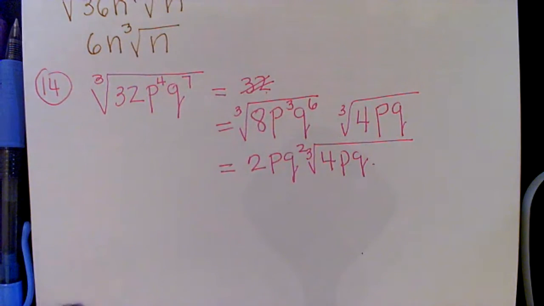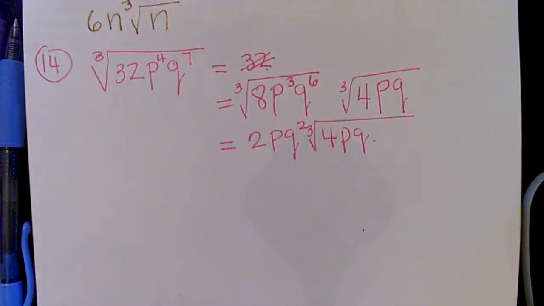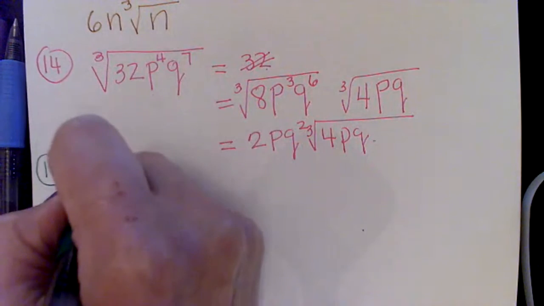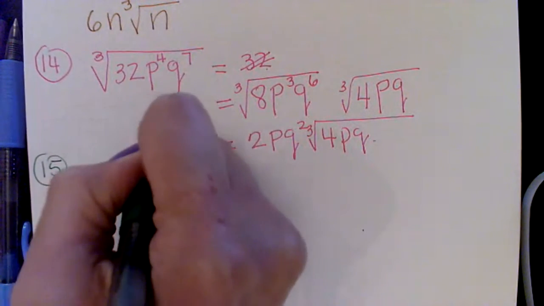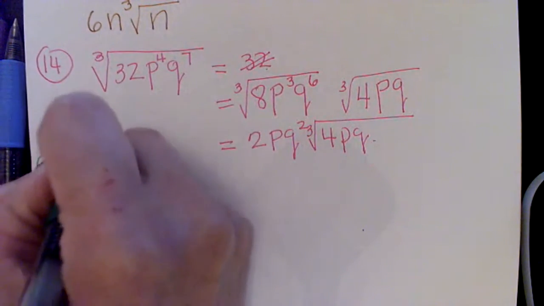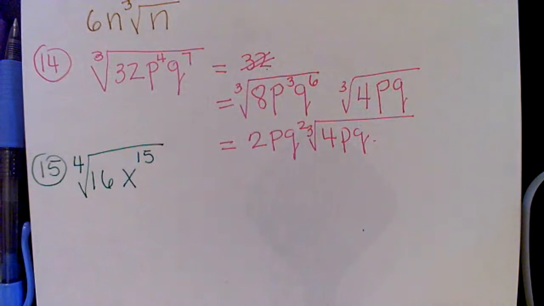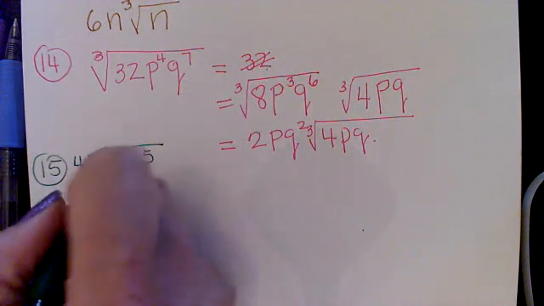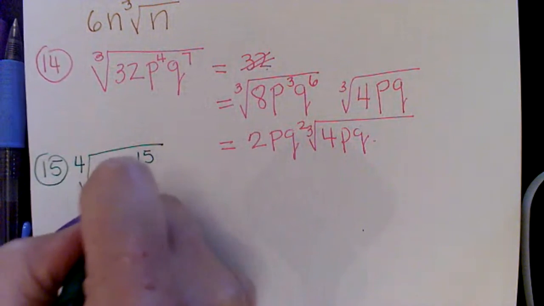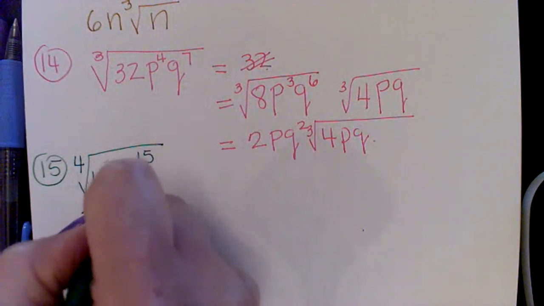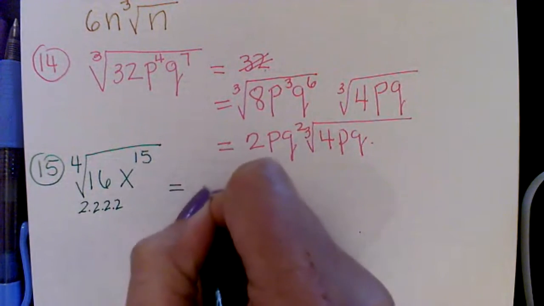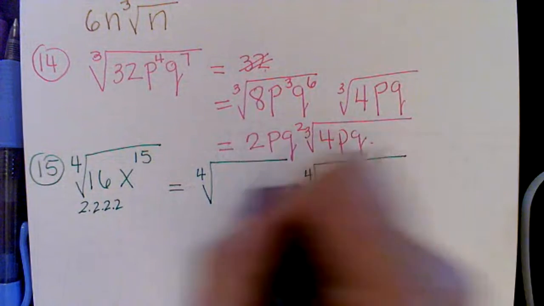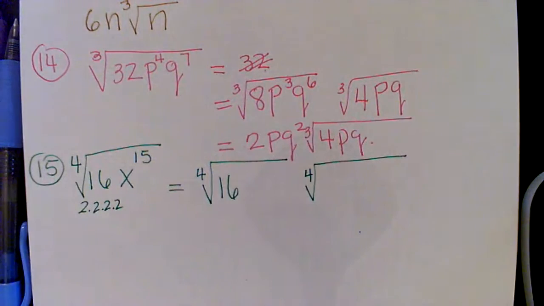Look at this one. To the 4th power, right? So we know 2 times 2 is 4, times 2 is 8, and times 2 is 16. All right. So 16 is going to stay here.